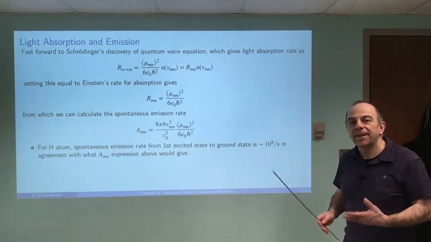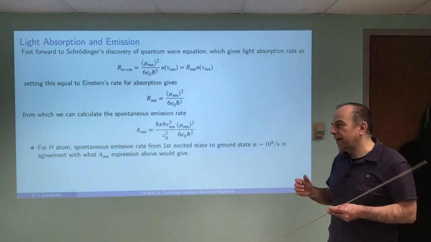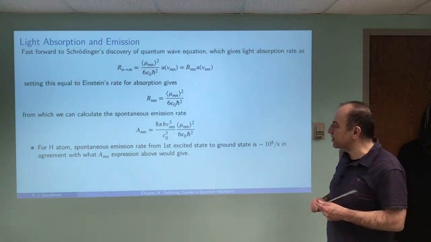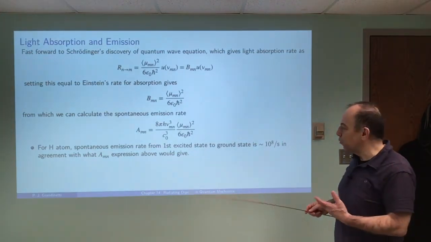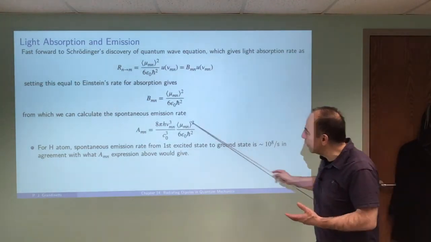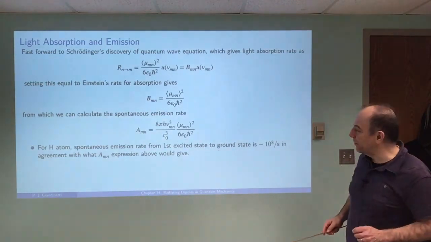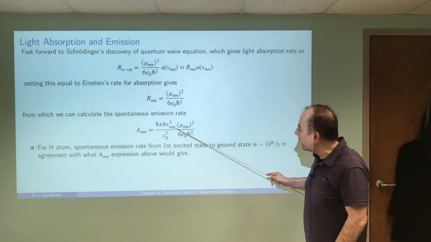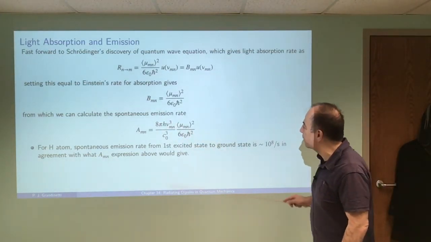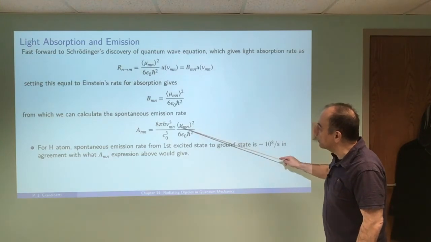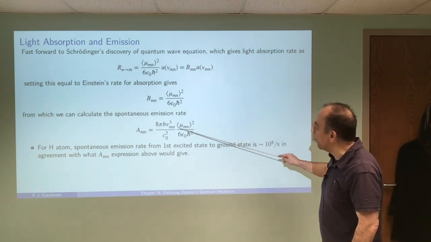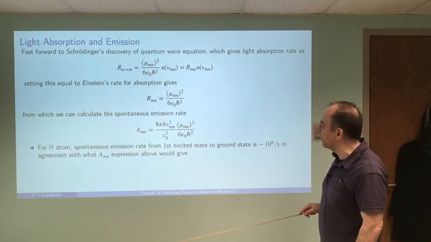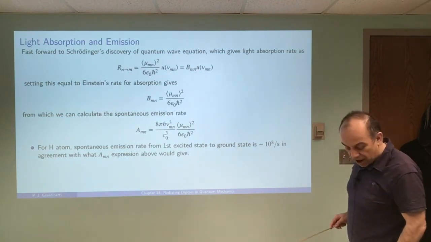So even though we didn't have the theory, the quantum electrodynamics, to work out the spontaneous rate from first principles, we were able to get it out of this clever approach that Einstein had put together. And you see that the spontaneous rate is proportional to the frequency to the third power, the transition dipole moment, which is squared here, and then the rest of these are constants.